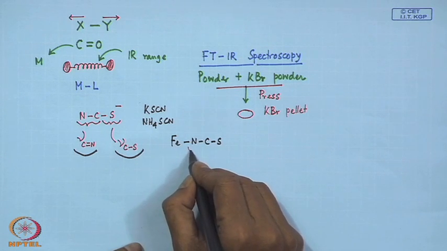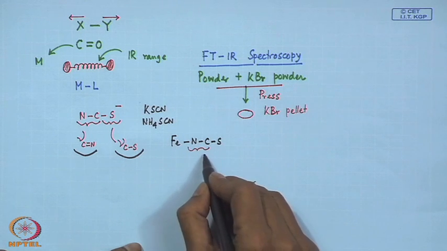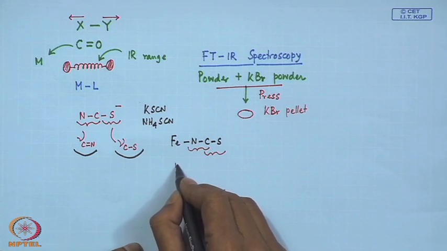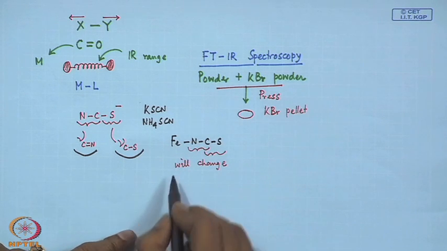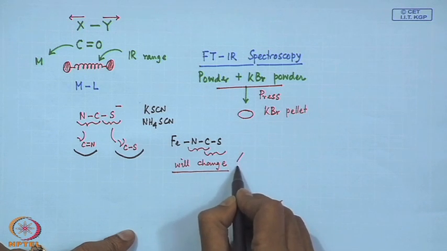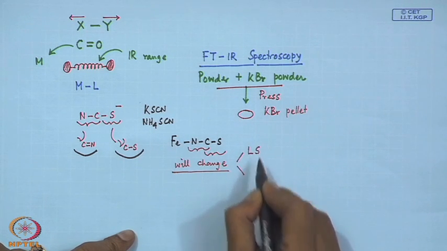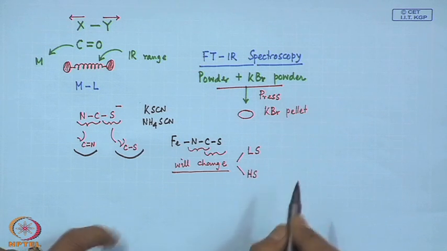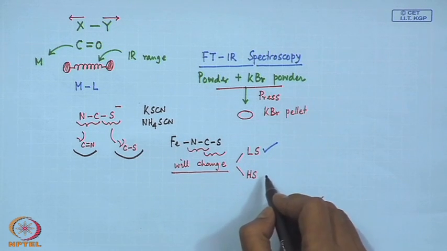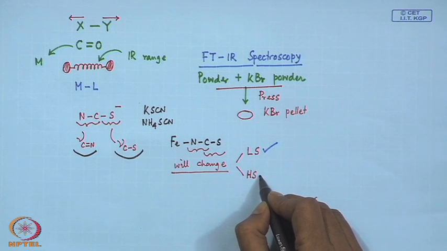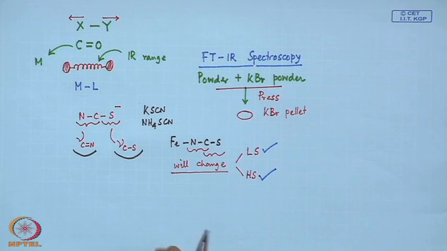The CN stretching frequency as well as the CS stretching frequency will change due to coordination, and how much it changes will depend on whether we have a low spin compound or a high spin compound. For a low spin compound where thiocyanates are bound to the iron site, we have characteristic stretching frequencies for this spin state. Similarly, the other values we get for the HS complex will also be characteristic of the high spin compound.